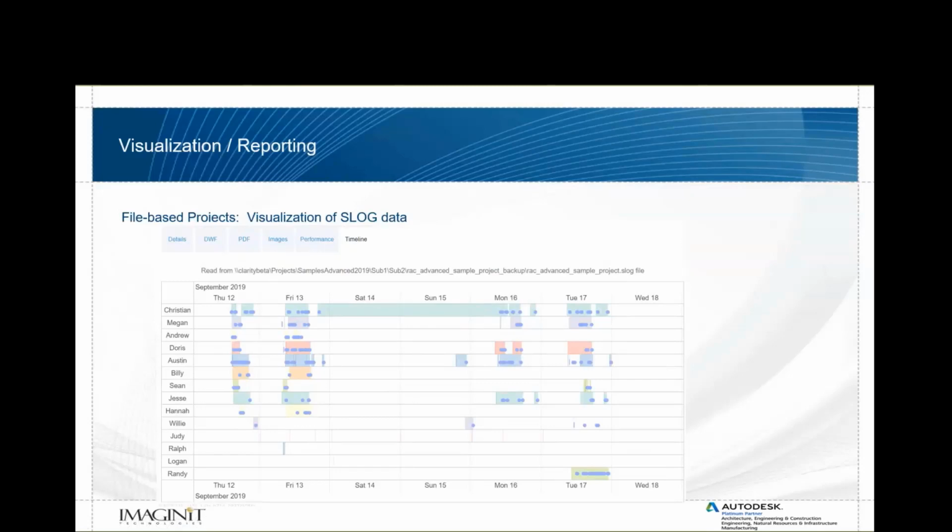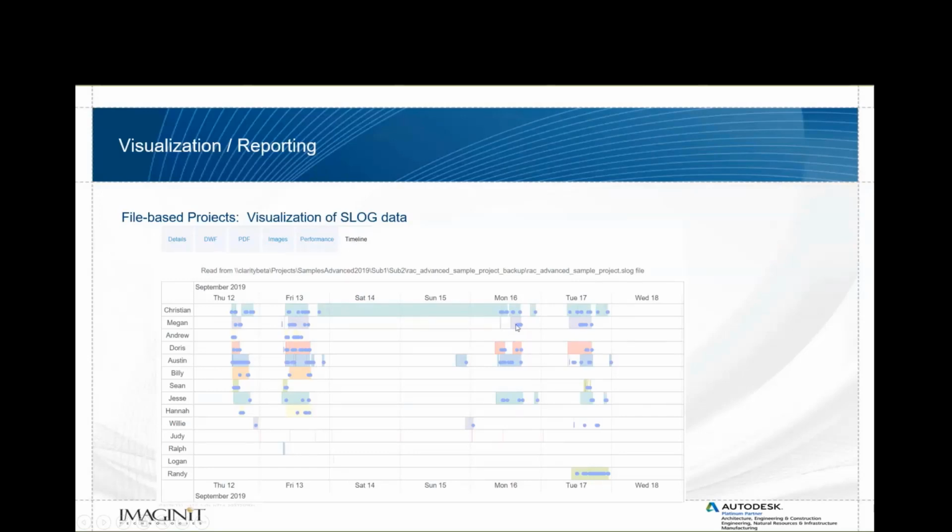For any file-based project that you're working on, you'll have an extra tab on the end for the timeline where it'll read your slog file and actually the backup slog file that came before that and be able to visualize for you how many concurrent people are working on this project, showing all of the people who are working over the timeline that you specify, how long were their sessions, and are they overlapping?